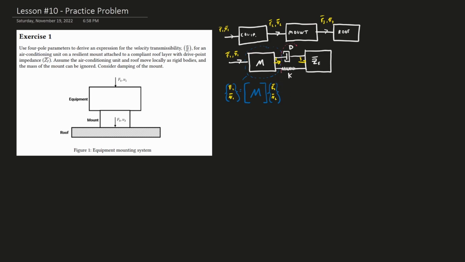Now we can go ahead and develop an expression for the spring and dash pot in parallel, which I'll do in pink here. So for this element, we'll have our input F2 V2 vector.